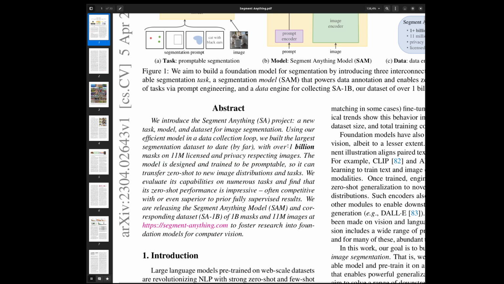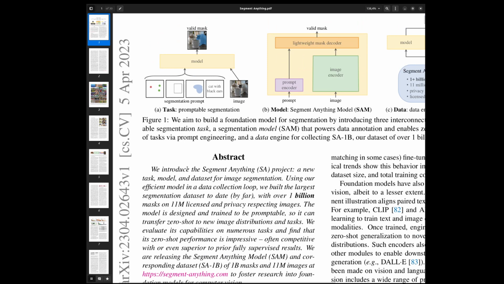I know when they say we build a data collection loop, that means that they have a system where they initially had people labeling manually, then they had a support for manual labelers, sorry, and then some of those images that we see in that dataset, if you go to that website, are automatically annotated, like fully automatically annotated without any supervision.